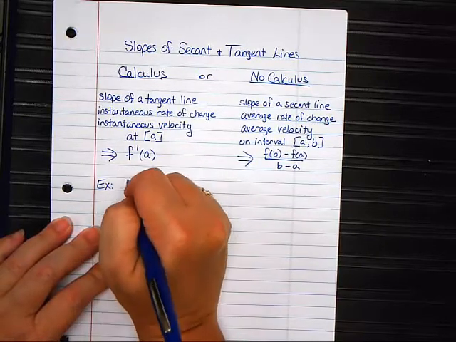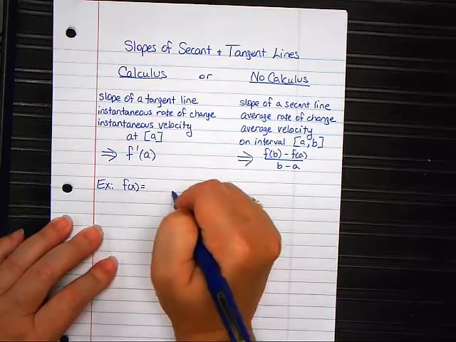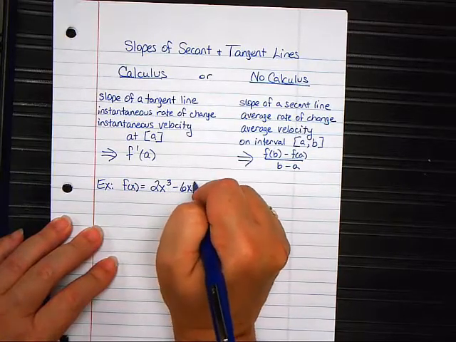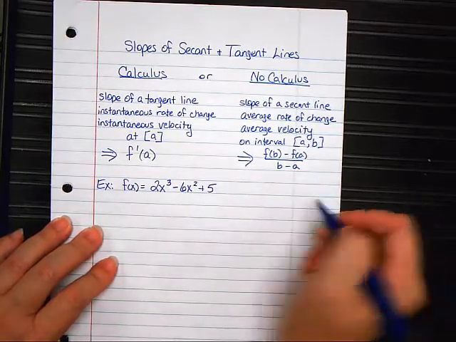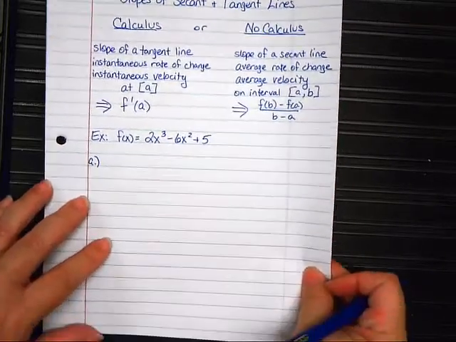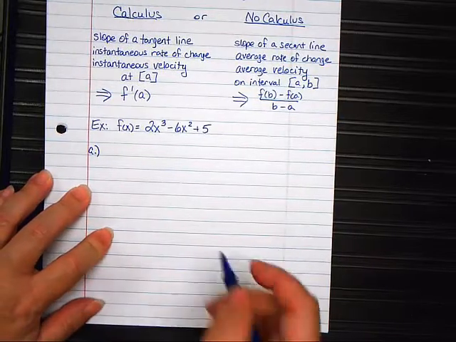Okay, so let's take an example. This is what the homework problems are going to look like. They're going to give you a function, f of x equals 2x cubed minus 6x squared plus 5. And then they're going to ask you some questions about it. So let me move this up a little bit. This is on the test tomorrow, is this?